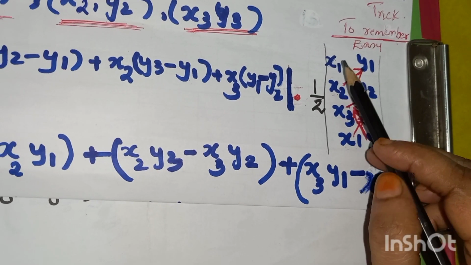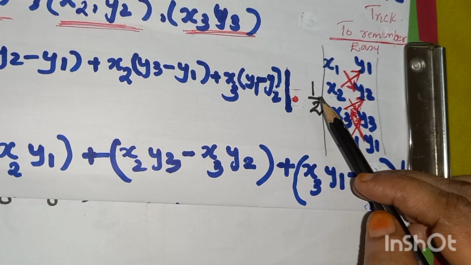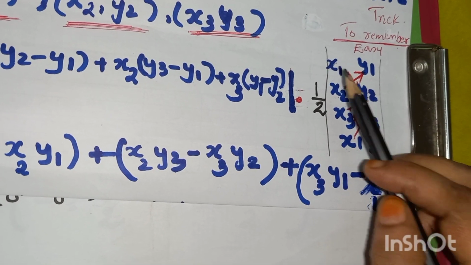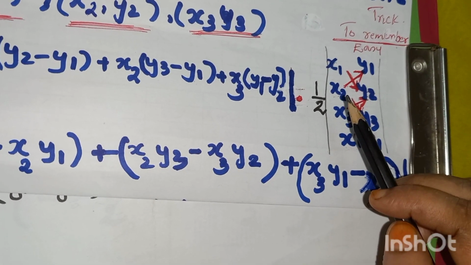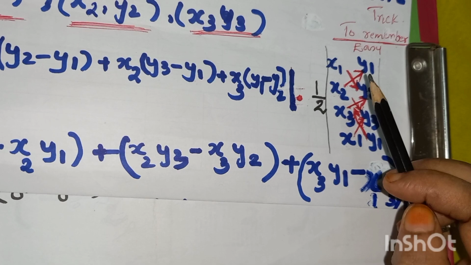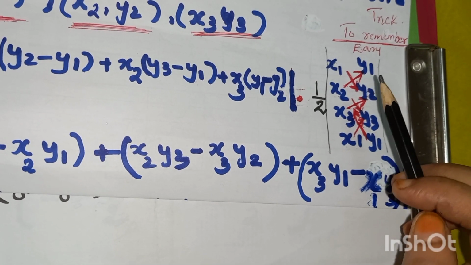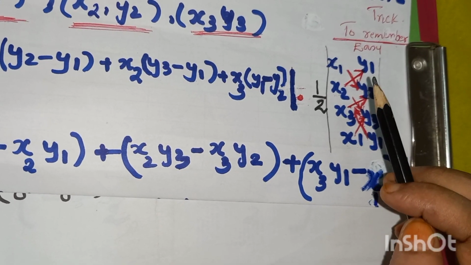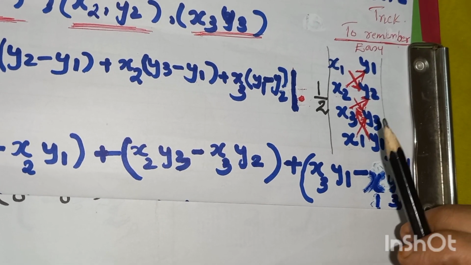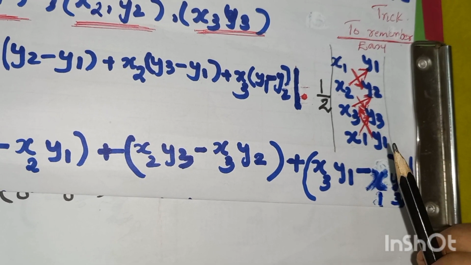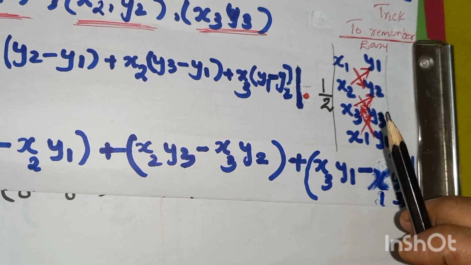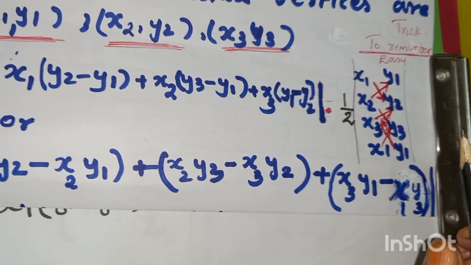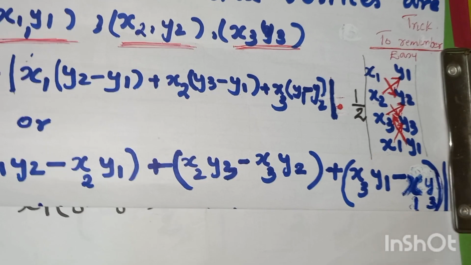Then half into modulus of (x1 y2 minus x2 y1) plus (x2 y3 minus x3 y2) plus (x3 y1 minus x1 y3). Any doubt till here? Any doubt?